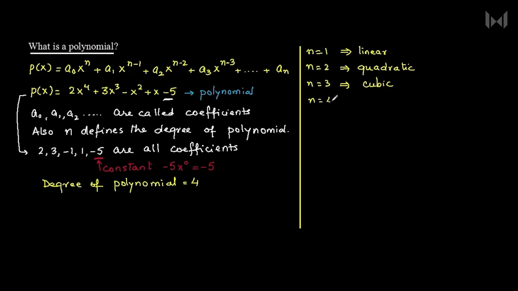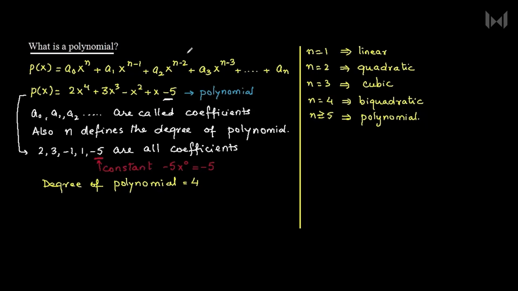If n is equal to 4, we can call it a biquadratic polynomial. And for n greater than or equal to 5, we simply call it a polynomial. So remember one thing: the numbers which are with the x are called coefficients, and the highest power of x in the given expression is called the degree of the polynomial.